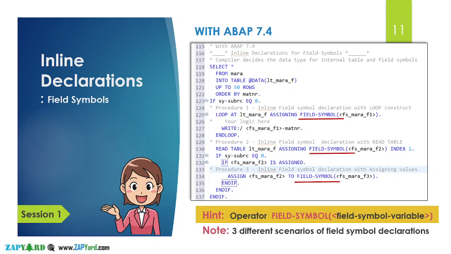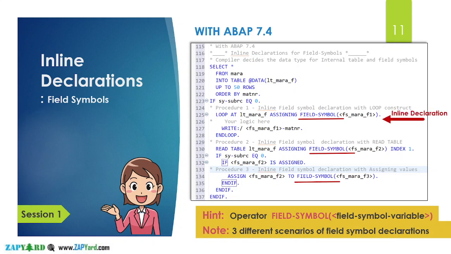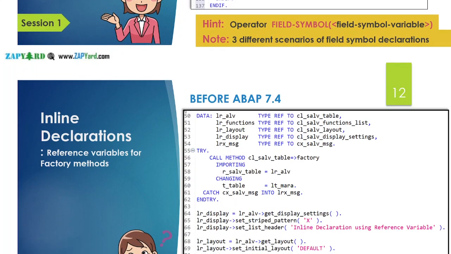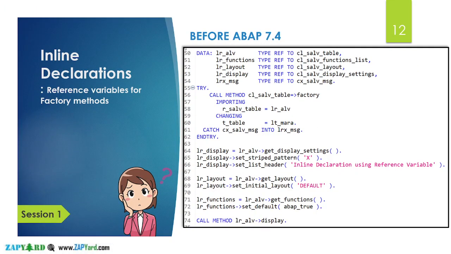Note that there are three different basic scenarios of inline declaration using field symbols. One is using the loop construct, the other is using the read table construct, and also while assigning a value from one field symbol to another.